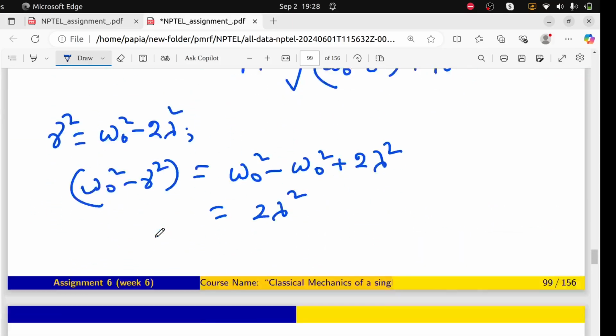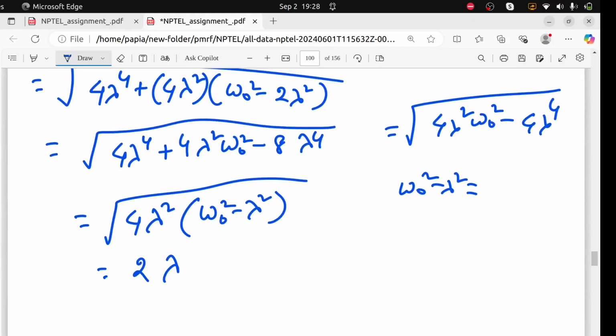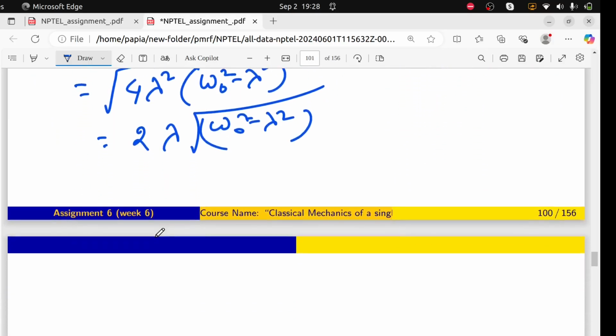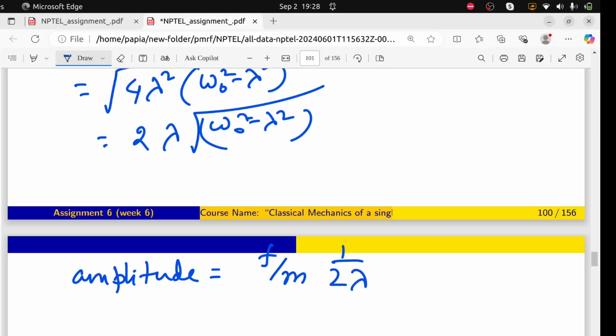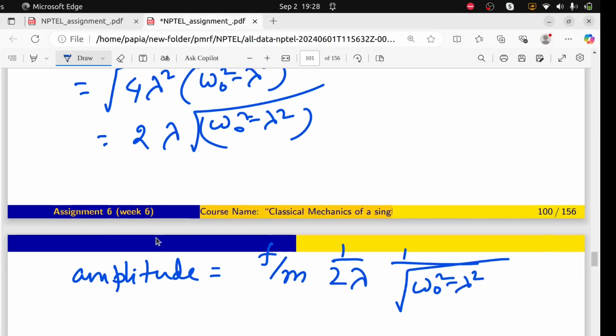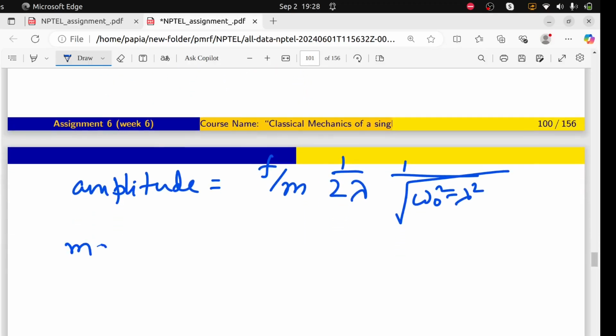Okay, fine. So it is like root over omega 0 square minus lambda square. So as a whole, our amplitude will be F by M, 1 by 2 lambda, 1 by root over omega 0 square minus lambda square, and that will be our maximum amplitude.